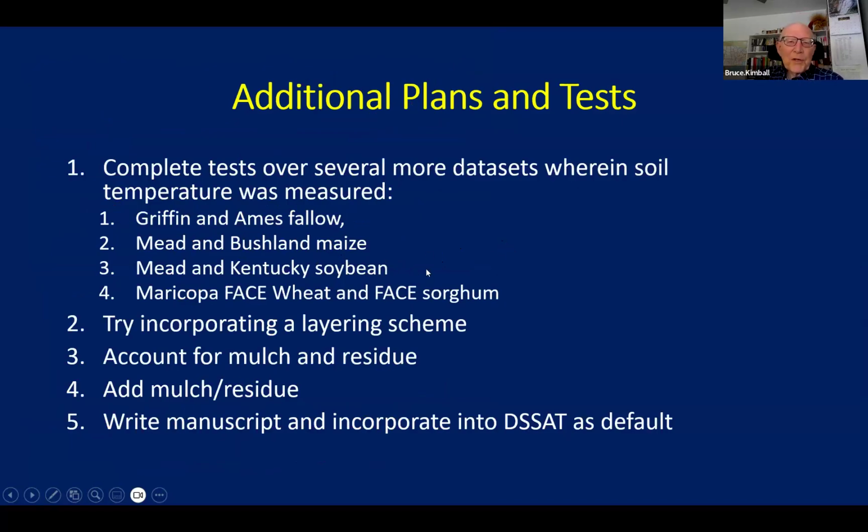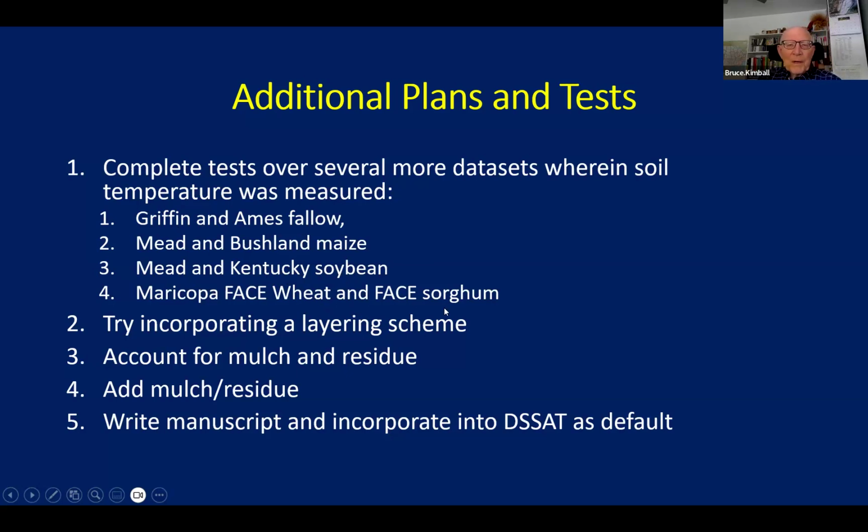Now, where do we go from here? All of the measurements that I showed you were from the Mead and Bushland maize stuff that I've shown you before. I'm going to run tests over a lot more data sets. Within the DISAT package, there's more soil temperature data on fallow, and then from Mead, there's soybean data, and Monty Salomon is going to provide some more from Kentucky on soybean.